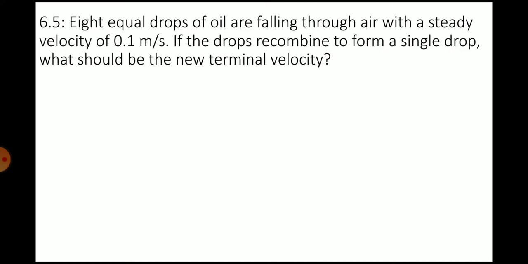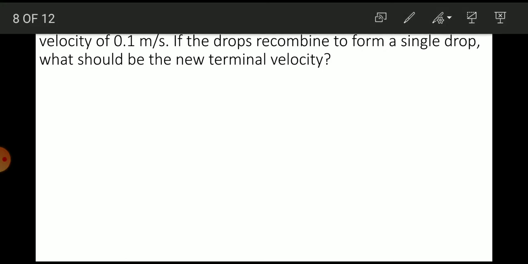Eight equal drops. This is very important. The number of drops is 8. Eight equal drops of oil are falling through air at a steady velocity of 0.1 meter per second, so the terminal velocity is 0.1 meter per second.